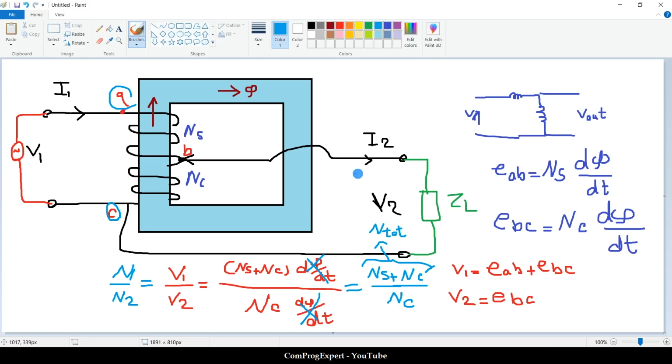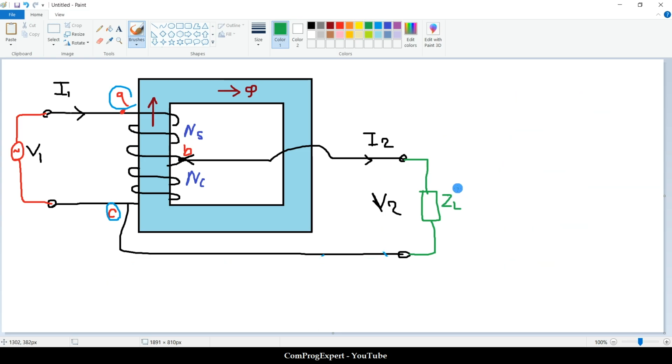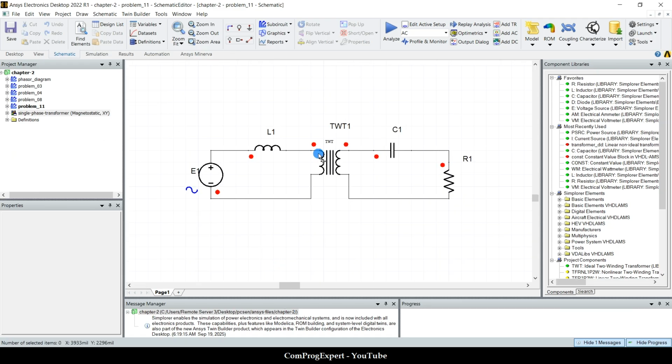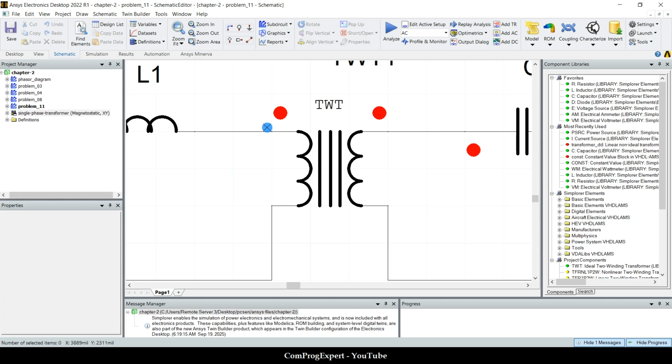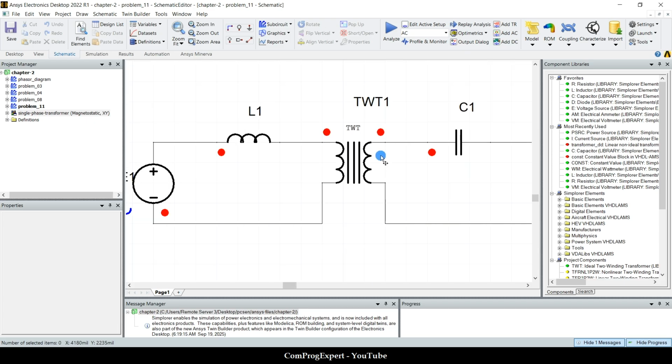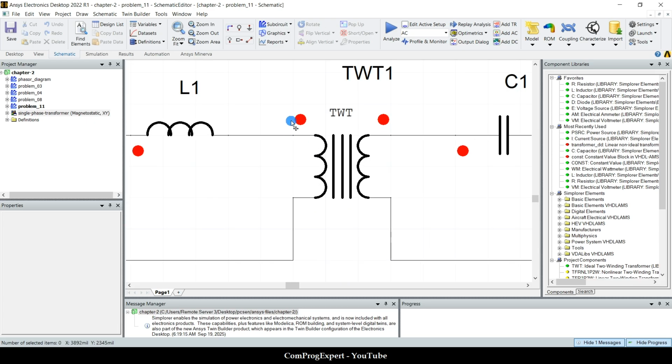As you know, for a single phase transformer, when we assign dot points similar to what we had, for example, in this simpler two winding transformer, you can see these dot points. What does a dot point mean for a coil of a transformer?